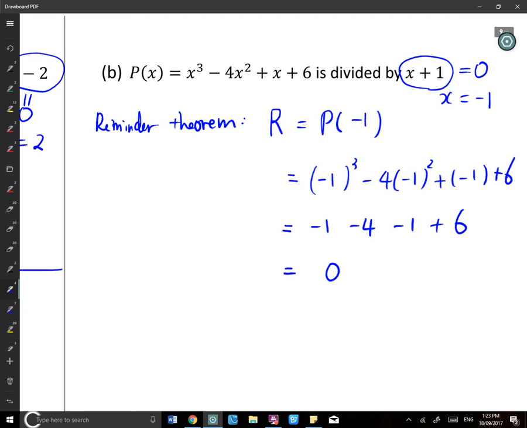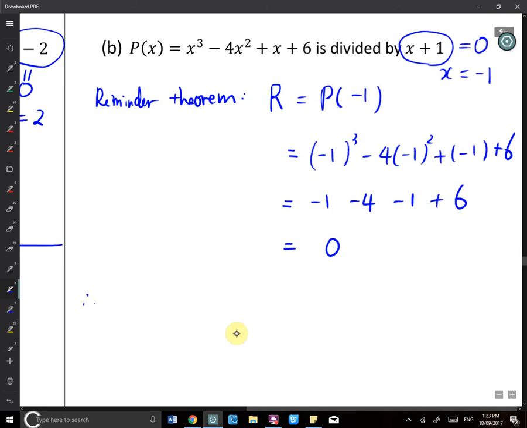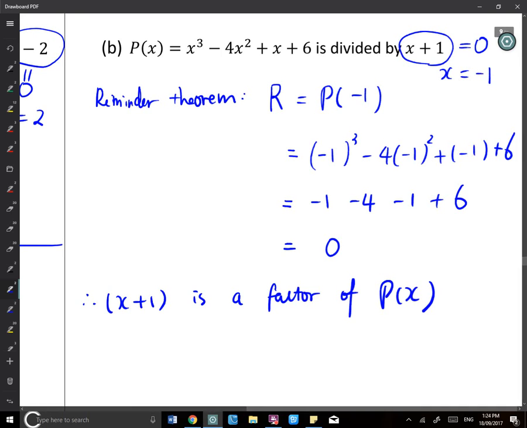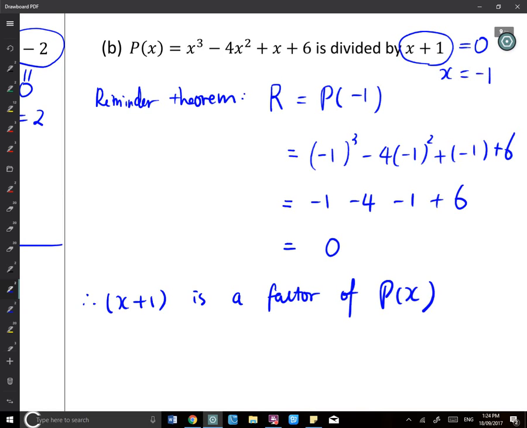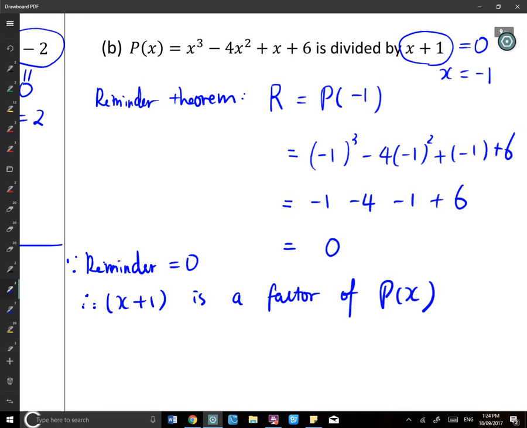Because the remainder equals 0, we will say x plus 1 is a factor of P(x). Because that's a factor, the remainder equals 0.